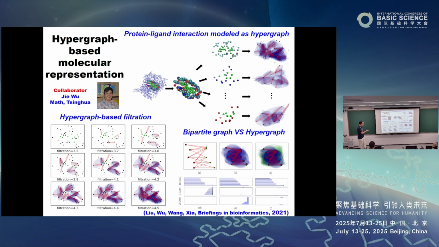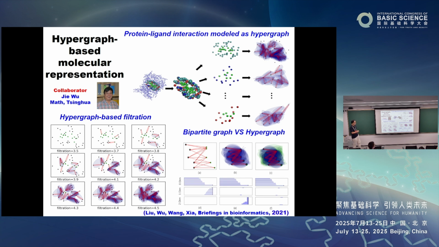What I can do is form a hyperedge. For instance, I pick these 2 points from the ligand and 1 point from the protein, then I have a hyperedge among these 3 points. You can also say I form a hyperedge among these 4 points. In this way, systematically, I can have a series of hyperedges that tell you the interaction between the protein and the ligand that are higher than pairwise interactions.